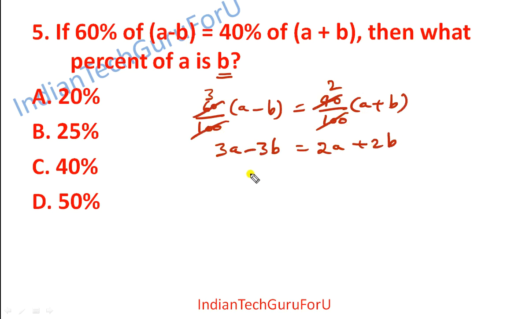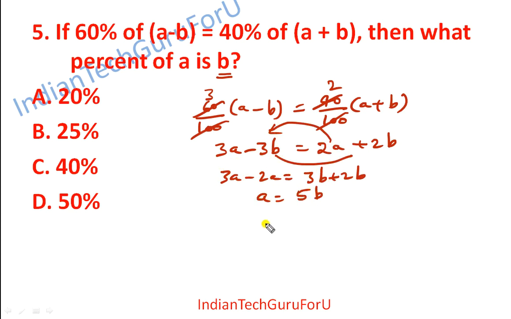Let us bring this 2A from this side to this side. 3A minus 2A is equal to, this will become plus here, 3B plus 2B. A is equal to 5B. But we need to find B. So B is equal to 1 by 5 A.